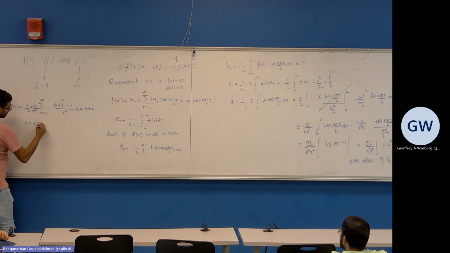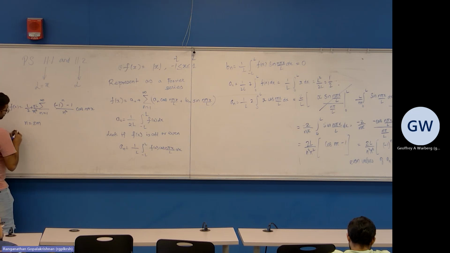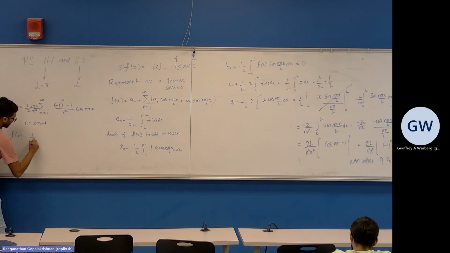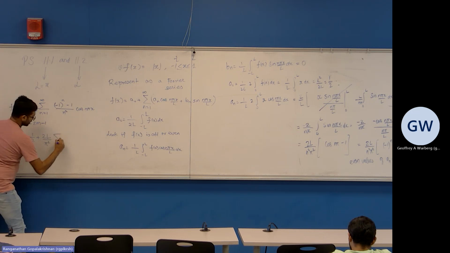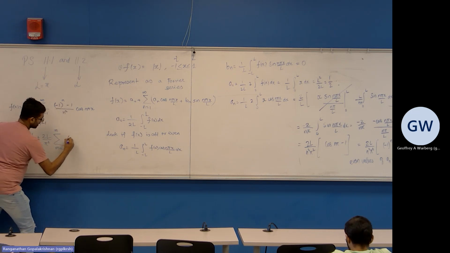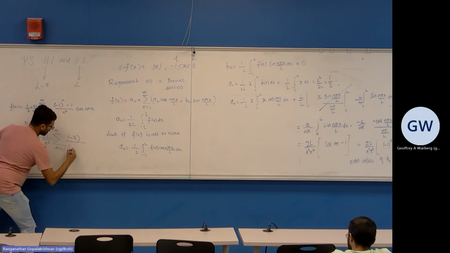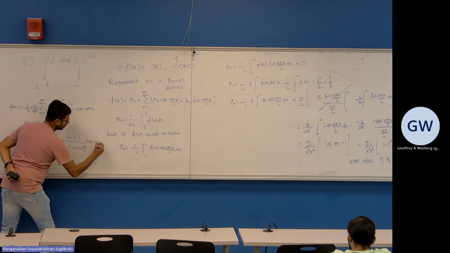For only odd values of n, n equals 2m minus 1. So f of x equals 1 by 2 plus 2L over pi squared sigma m equals 1 to infinity. This is minus 1 and minus 1, so this is automatically minus 2 divided by (2m minus 1) whole squared cos (2m minus 1) pi x.